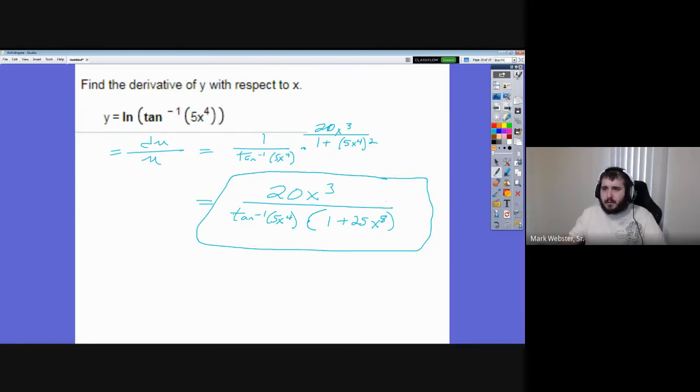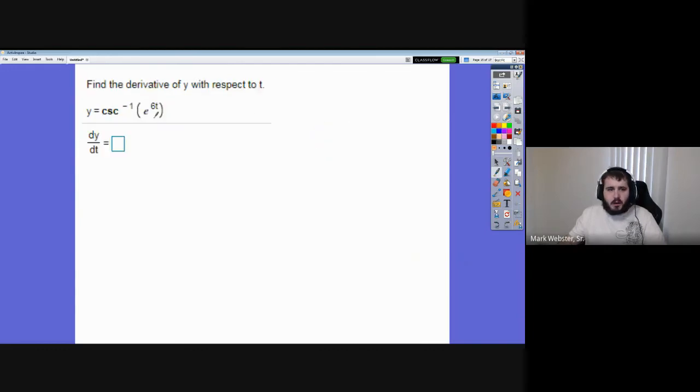All right. Two more. Cosecant. Oh, we did a cosecant one already. Cosecant, remember the form looks like negative du over absolute value of u times the square root of u squared minus 1, I think.